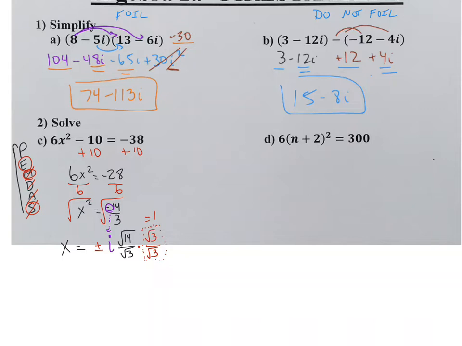So now I end up with x equals plus or minus the square root of 14 times 3, which is 42. So I have the square root of 42 all over 3, because radical 3 times radical 3 is 3.